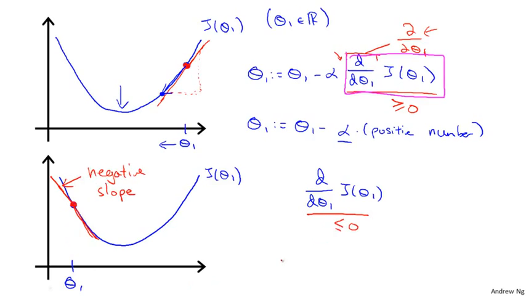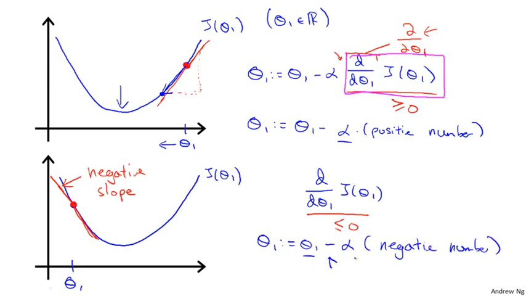So when I update theta, theta gets updated as theta minus alpha times a negative number. So I have theta 1 minus a negative number, which means I'm actually going to increase theta, because this is minus of a negative number.